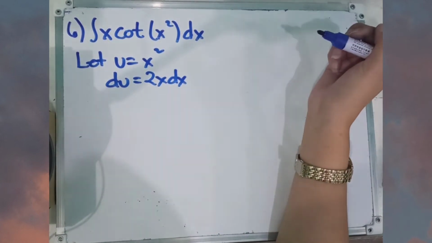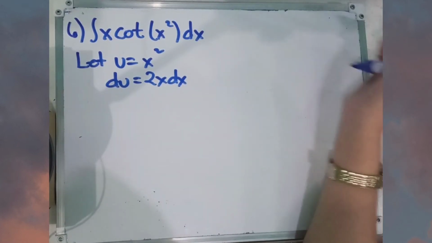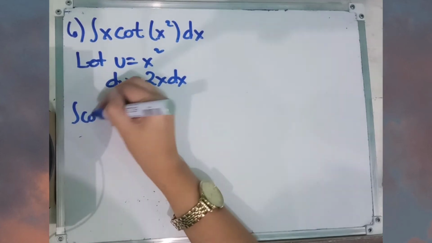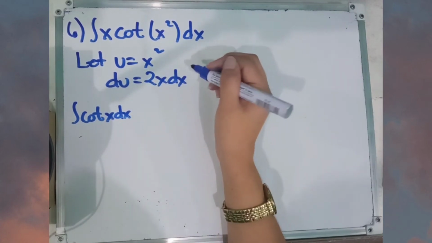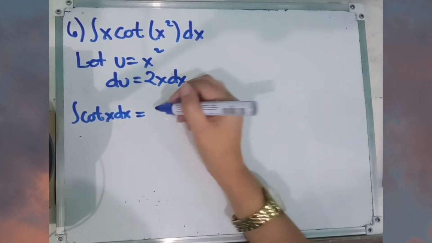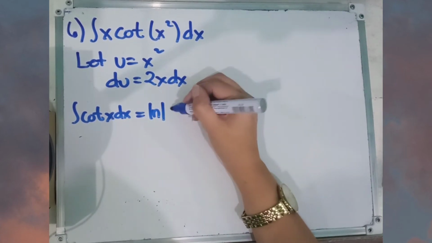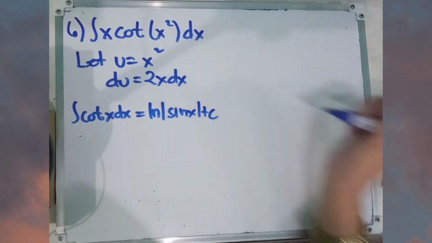And to recall the rule for cotangent, the integral of cotangent x dx based on the rules given earlier is the natural logarithm of the absolute value of sine x plus c.